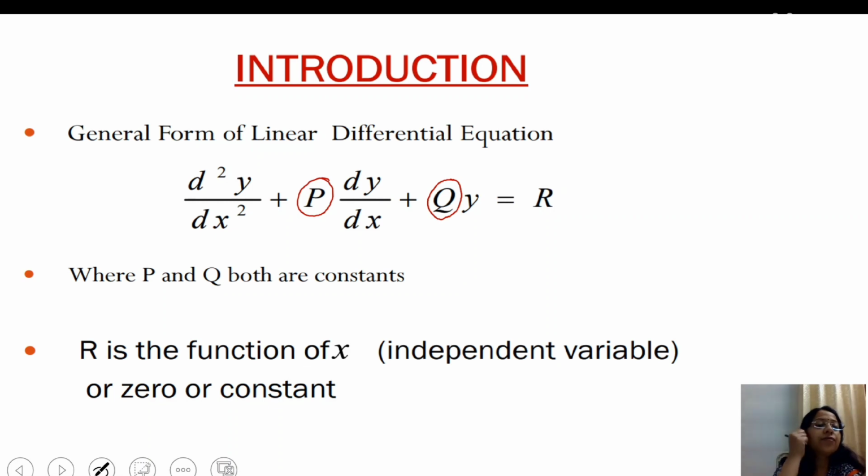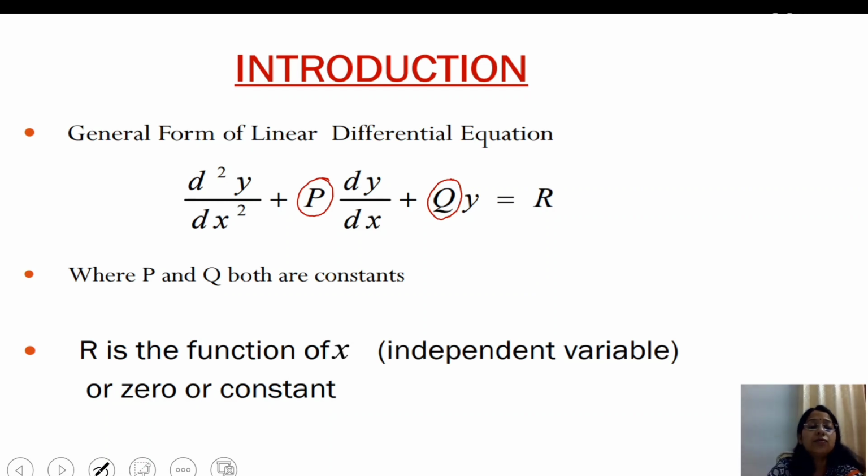And if P and Q are functions of x only, then that is known as a linear differential equation of second order with variable coefficients, where the right hand side in both types of differential equations would be a function of x only, or 0, or some constant value.